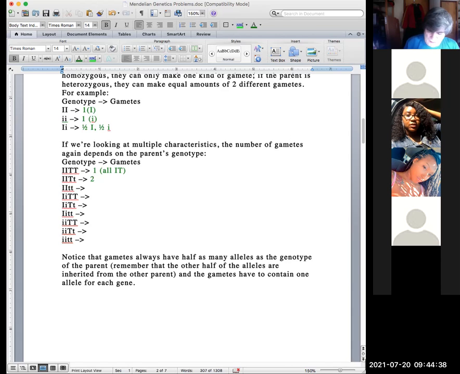And their two gametes are going to be 1/2 big I, big T, and 1/2 big I, little t. Now, here's another person who can only make one type of gamete.